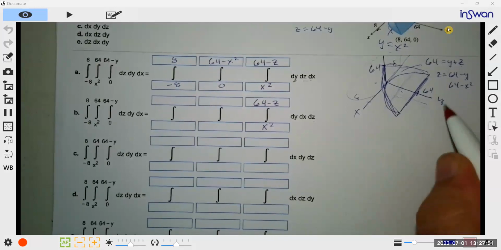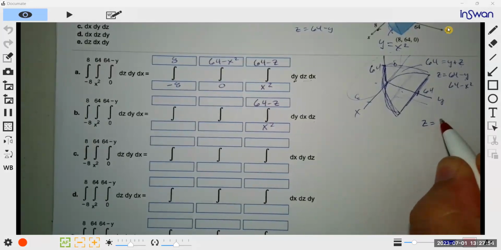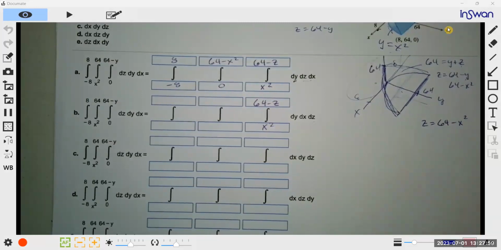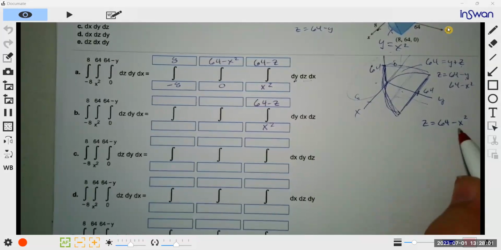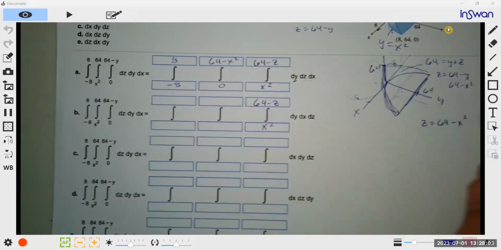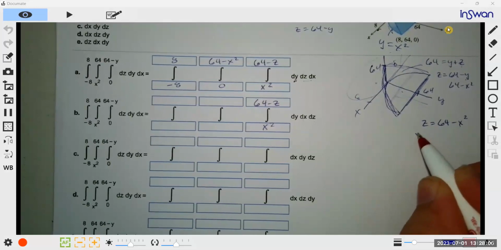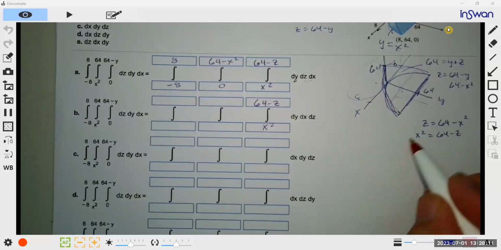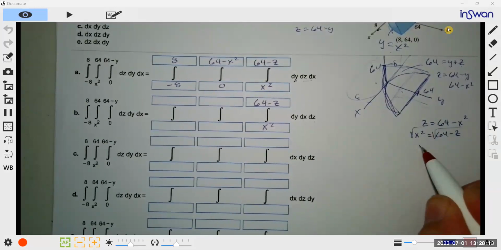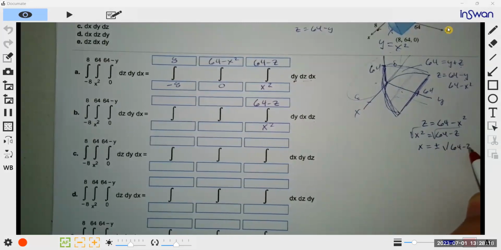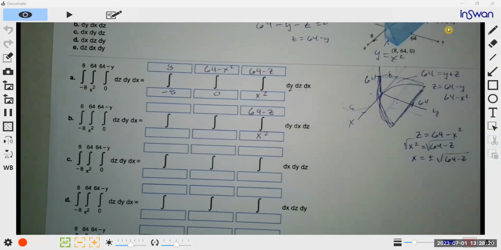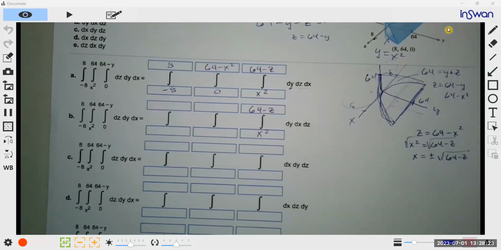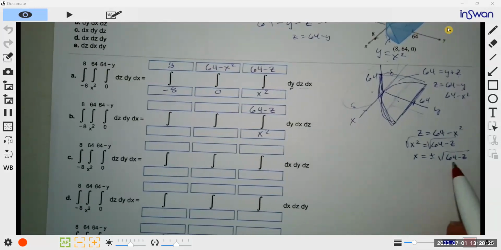Okay, so from here, we already know that z is equal to 64 minus x squared. Let's solve for x, because that's what we need. So x squared equals 64 minus z, square root both sides. So our bounds of our x are from positive negative square root of 64 minus z.